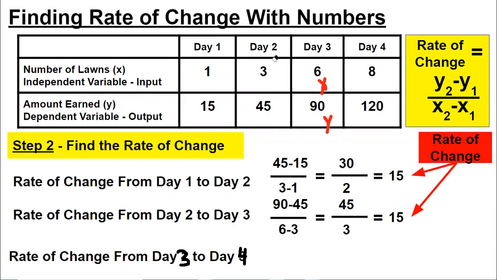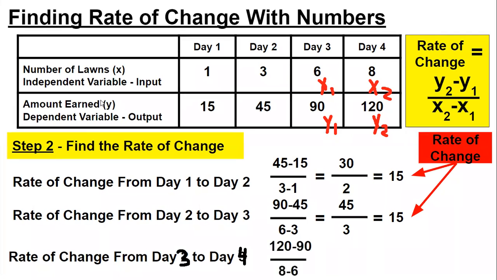So now I've got this being x1 and this being y1. This one becomes y2 and above it becomes x2. Plug into my formula, y2 minus y1 over x2 minus x1. I plug in 120 minus 90 on the top and 8 minus 6 on the bottom.